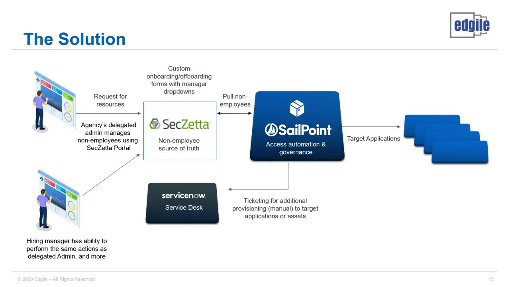And that means taking all of that information, provisioning to target applications, understanding exactly what access they need, potentially communicating with ServiceNow to open service desk tickets so that we can handle some of the potentially more manual processes of getting equipment ready or having badges created, right? There are all sorts of ways that SailPoint can then interact with those target applications.